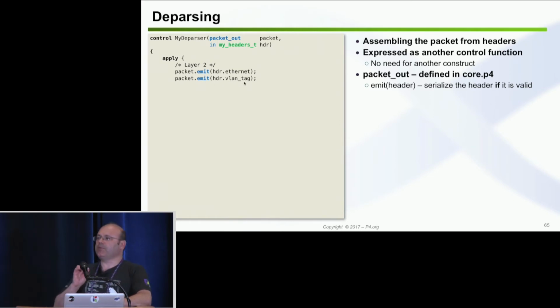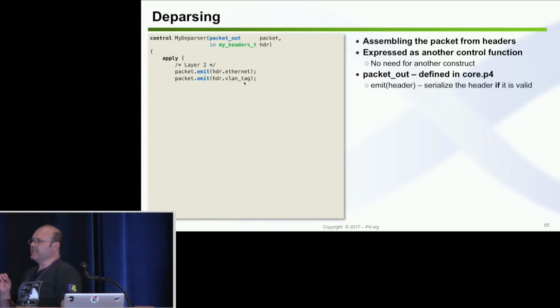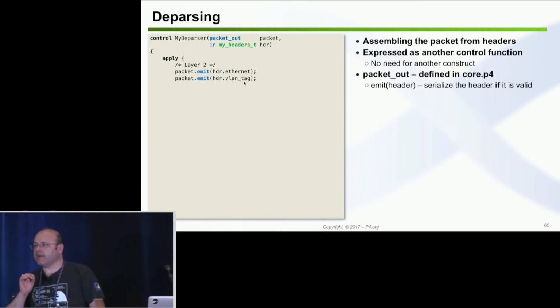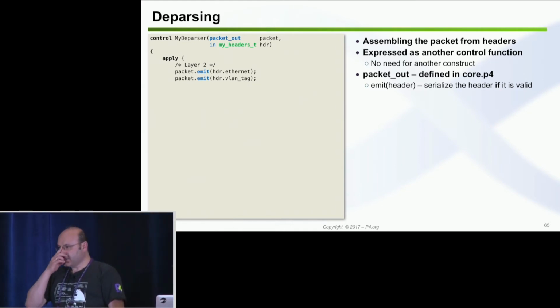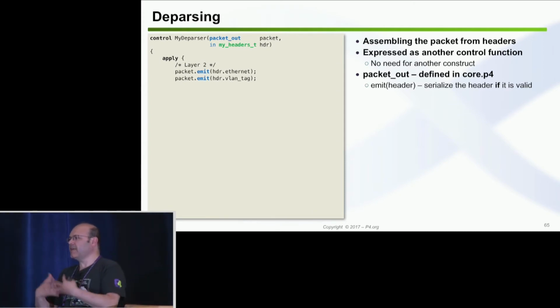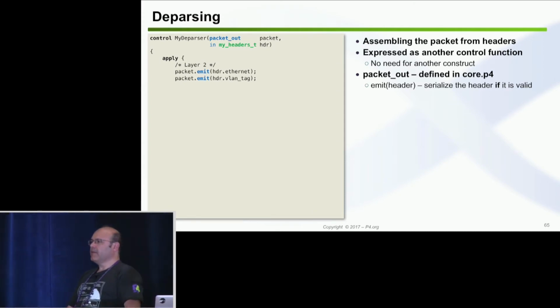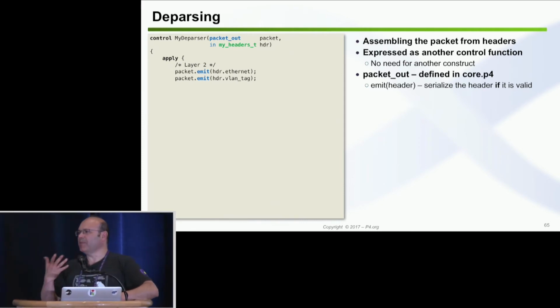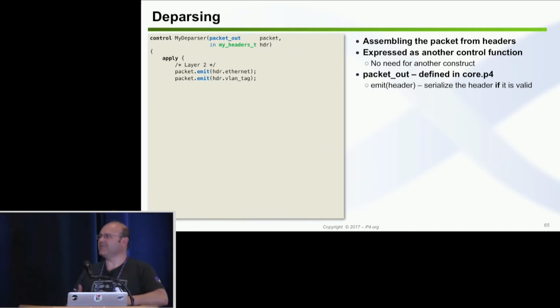The important thing about this emit method is it will emit the header only if the header is valid. So if you made the header invalid previously or it was not in the packet, nothing will happen. I assume the Ethernet header probably was there, so it will be there, first one.